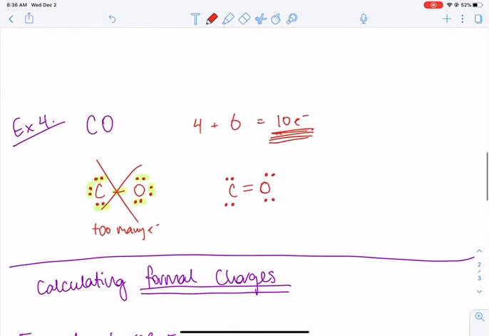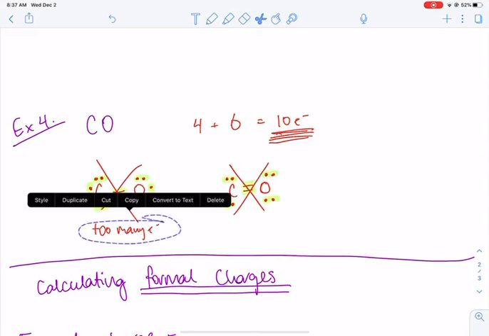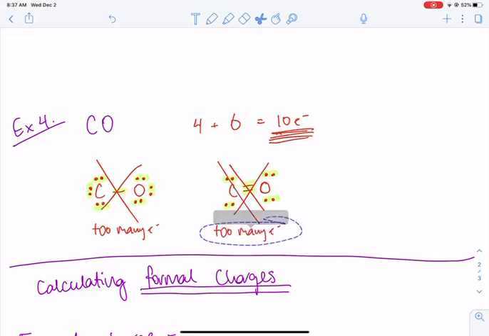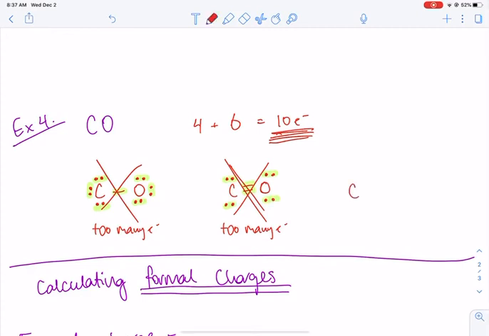So this one's fine, but let's count the total number of electrons. 2, 4, 6, 8, 10, 12. There need to be 10 electrons in the structure though, so this one also doesn't work because it has too many electrons.